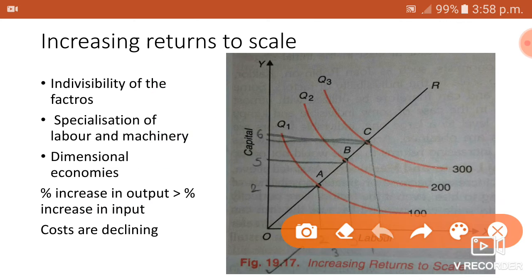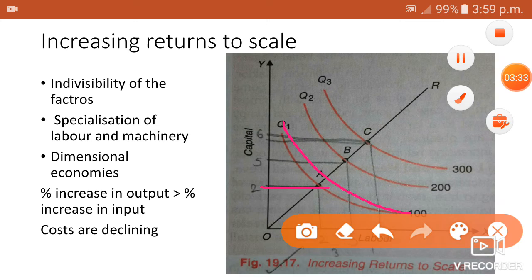So we can understand this in this diagram. The first isoquant produces 100 units of production with 2 units of capital and 2 units of labor.